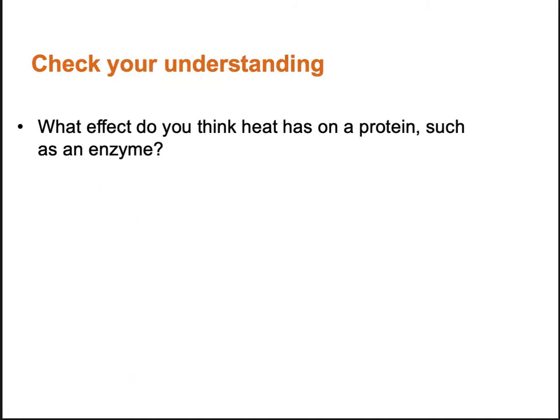Okay, so I asked you, what effect do you think heat has on a protein, such as an enzyme? And what hopefully you would say is some heat will speed up action, but too much heat will start to break those hydrogen bonds, possibly other bonds, and then you will lose the shape. And if you lose shape, you lose function.